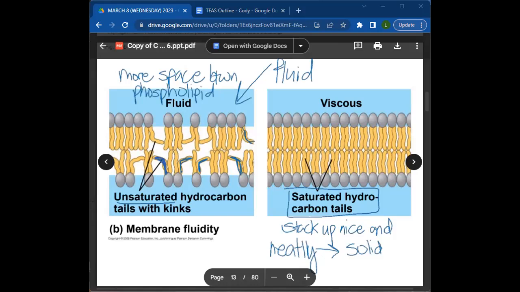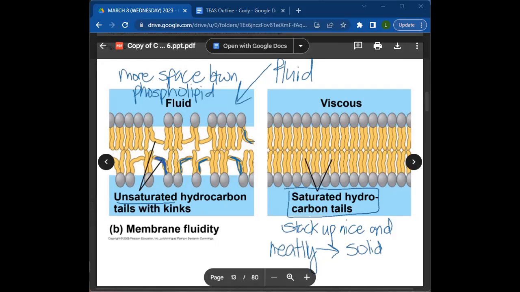And because they're very straight, they're able to stack very nicely and neatly and form a solid. Saturated fats will therefore help something become a solid very easily. So cell membranes that have phospholipids made up of saturated fatty acids will tend to be very stiff and rigid because they form solids very easily.